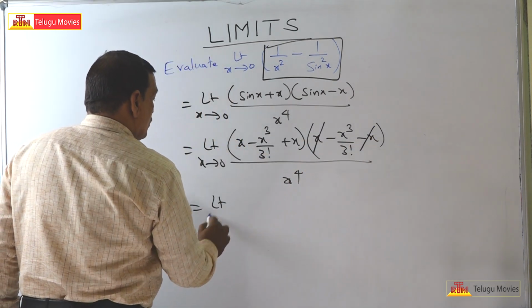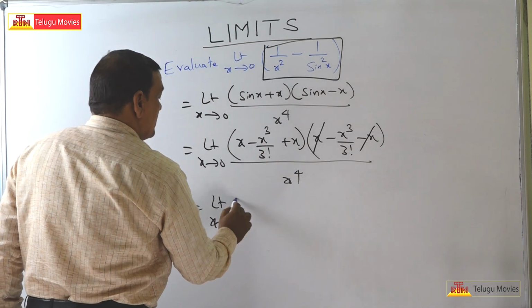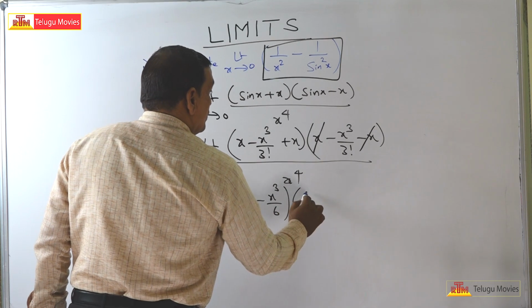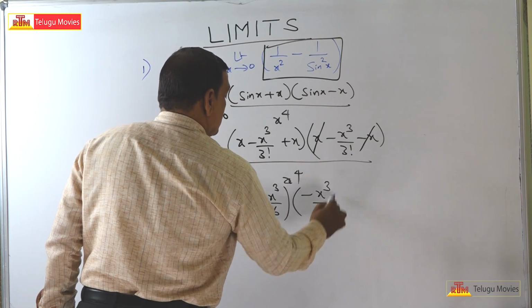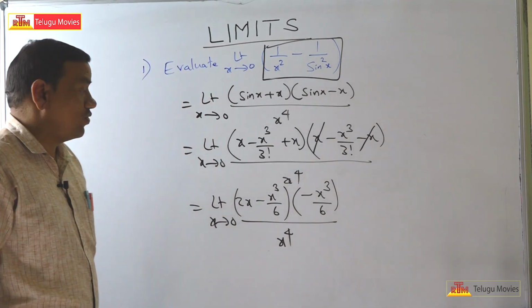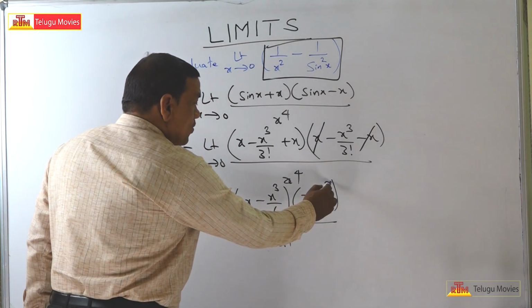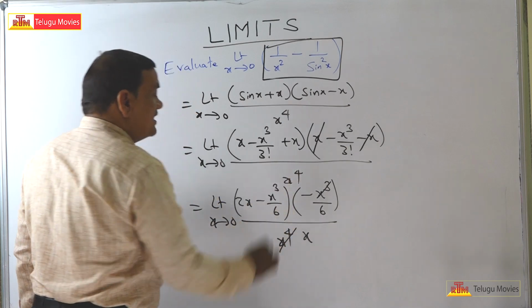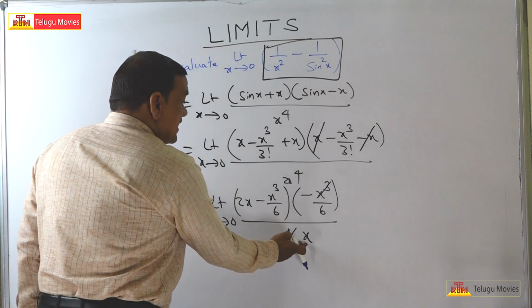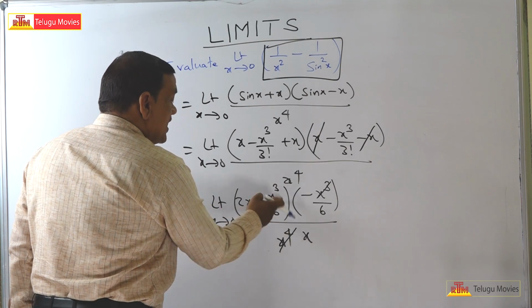So this is equal to limit x tends to 0, x plus x is 2x minus x cube by 6, so here minus x cube by 6, divided by x power 4. So here one x cube will get cancelled, x cube by x power 4, one x remains. This x you divide here and here.